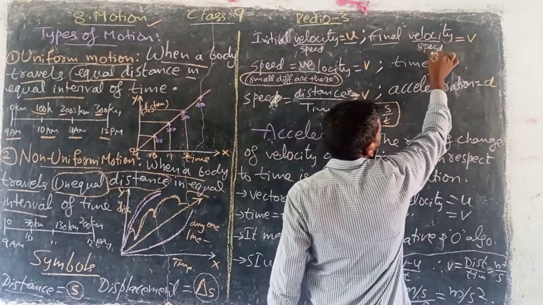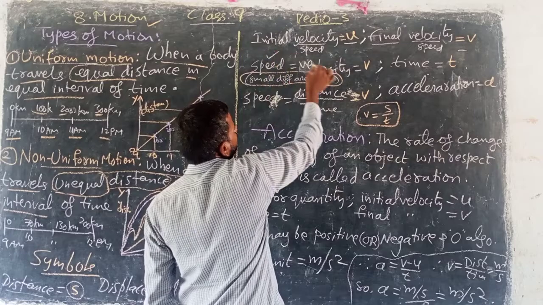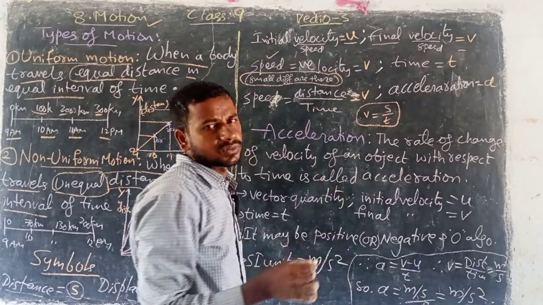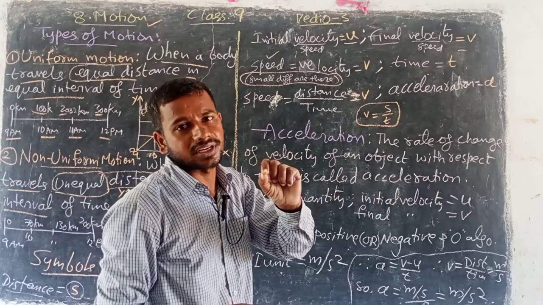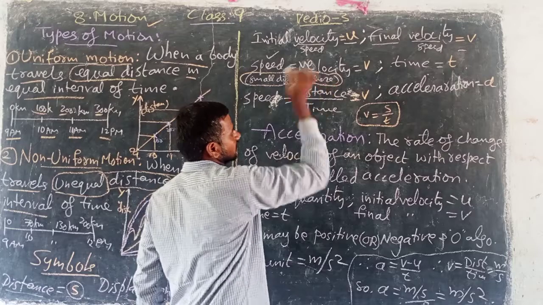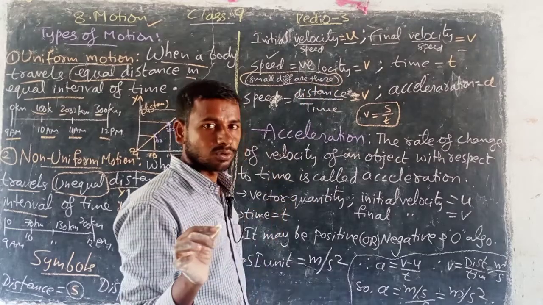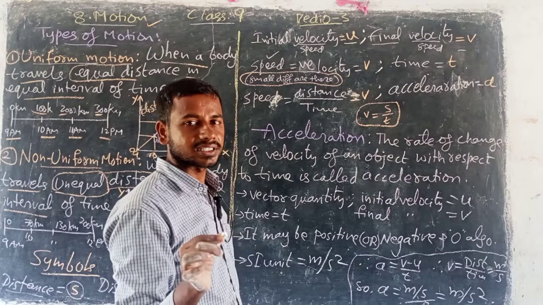Final velocity or final speed, v. Here speed is equal to velocity. Small minor differences are there, I will explain when it comes, but both words are nearly 99% the same.